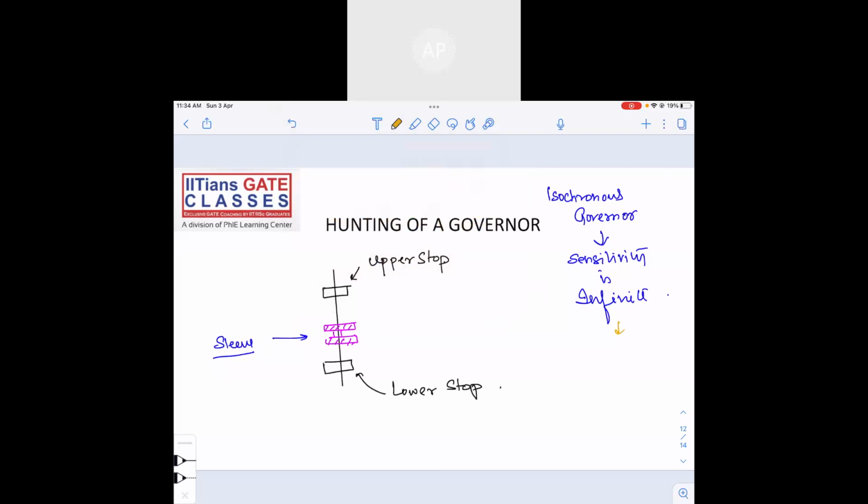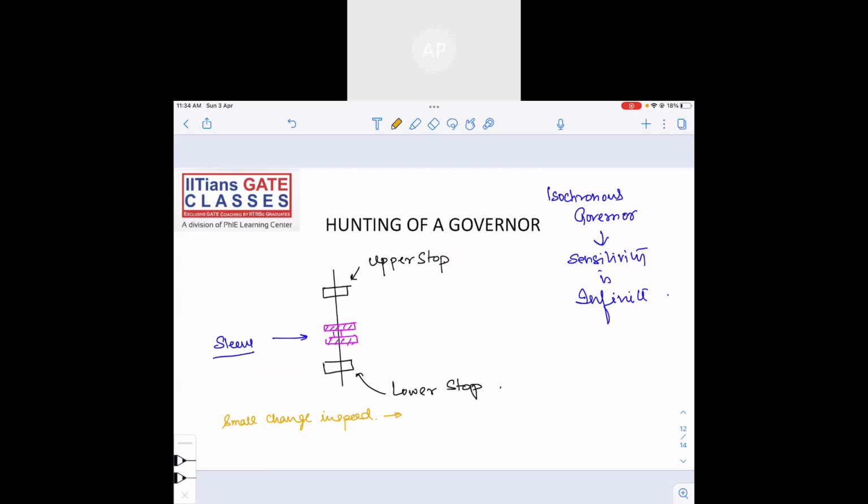Even if there is a small change in speed, for example a small increase in speed, what is going to happen?